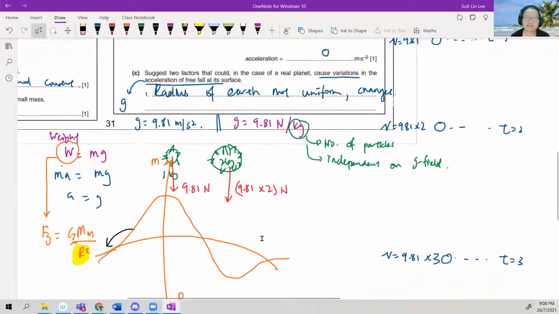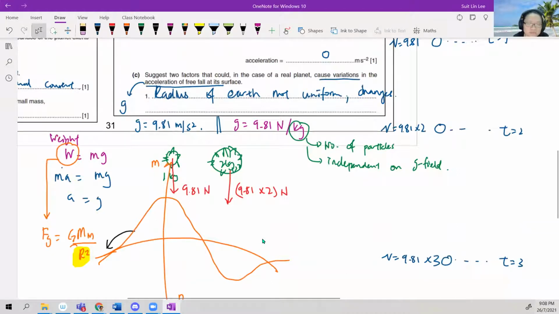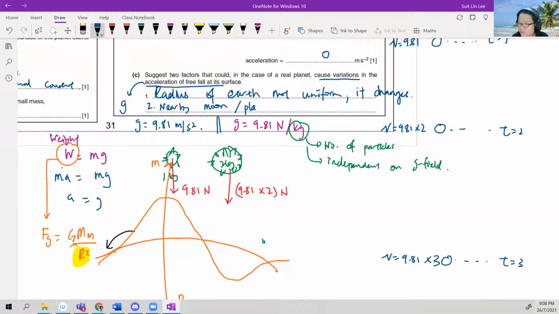It varies. Unless you boot up Minecraft Flatland, then can. But it changes. Okay. What else? You could say number two, there are nearby planetary objects like the moon or planets.